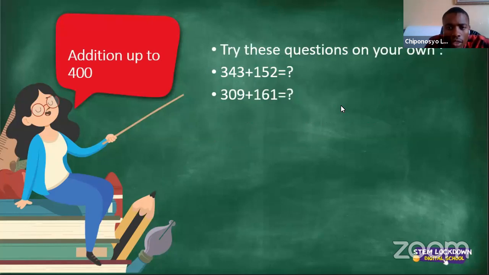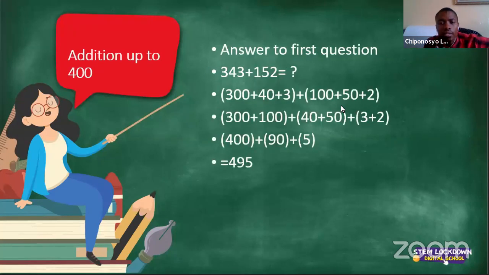Can I just quickly check something? All right, it matches. I break things up: 300 plus 40 plus 3, 100 plus 50 plus 2. Next step, I add my hundreds together, I add my tens together, and I add my units together.